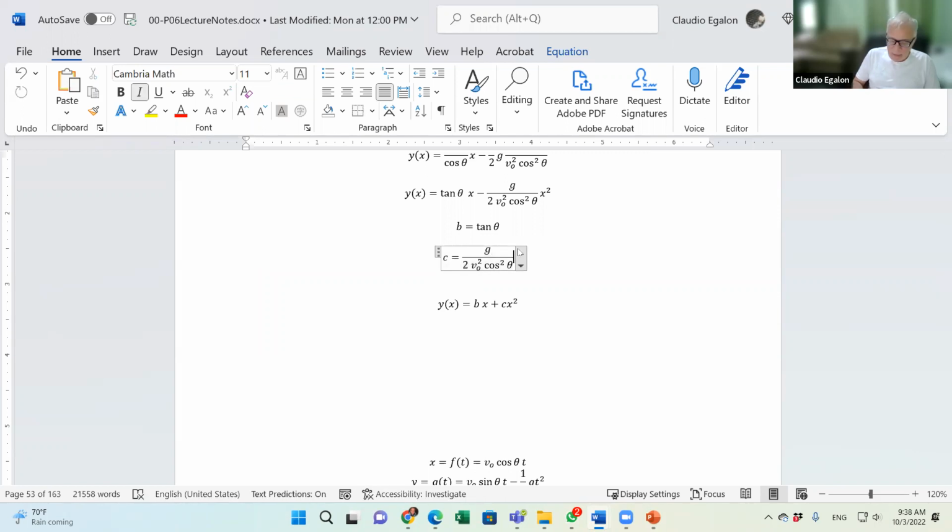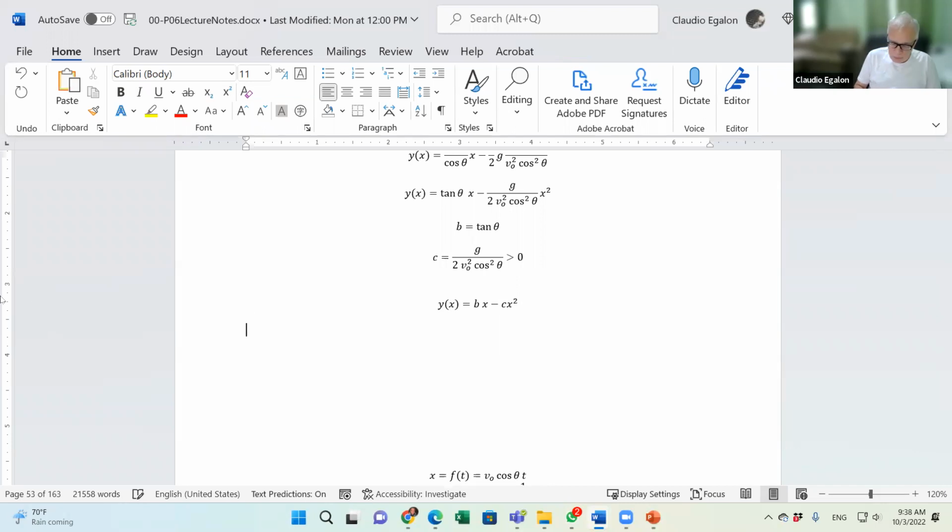Notice that G is greater than 0, V0 square is greater than 0, and cosine square is also greater than 0. So instead of having a positive sign in front of C, I'm going to have a negative sign in front of it.